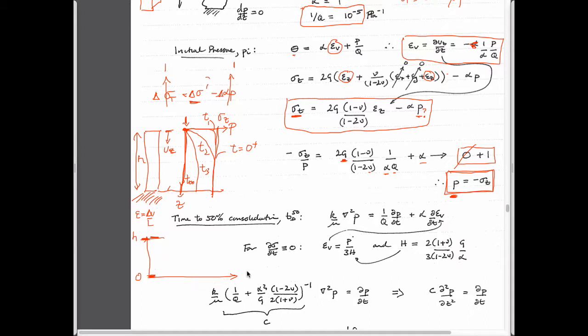And this time, instead of using time, we can scale it with a dimensionless time, which is a function of, just by rearranging this expression, some coefficient multiplied by t times a dimension squared. And the characteristic dimension of this is just the height of the thing.